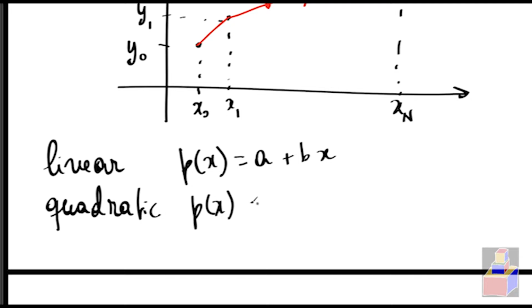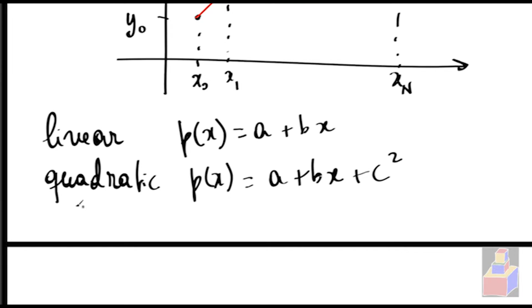Something like this, a plus bx plus cx squared. Now we have more parameters, right? So we have to make sure that the function is continuous in each point of the grid, and also that the first derivative is continuous. So we're going to have something smoother.